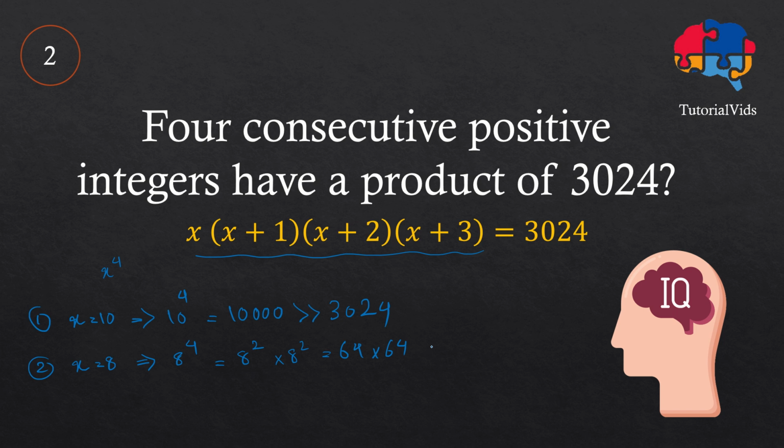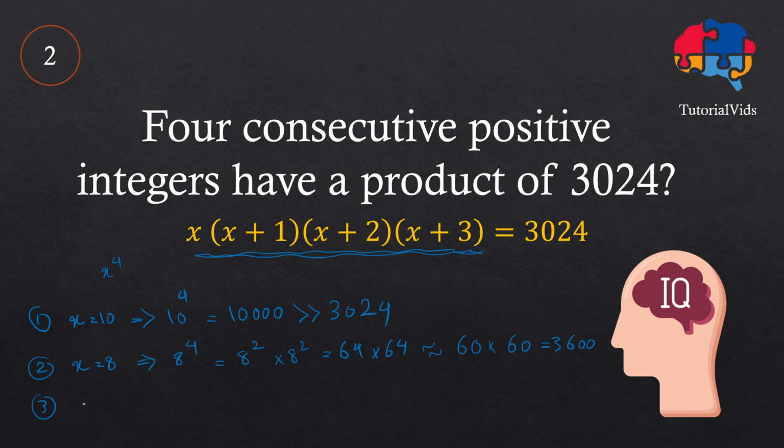Maybe it's still a bit difficult to calculate. I can use approximation. I replace 64 by 60, then I would have 60 times 60, and this is 3600. Okay, so if x is 8, then this expression here is even bigger than 3600, which is bigger than 3024. Again, x cannot be 8, it should be something smaller than that.